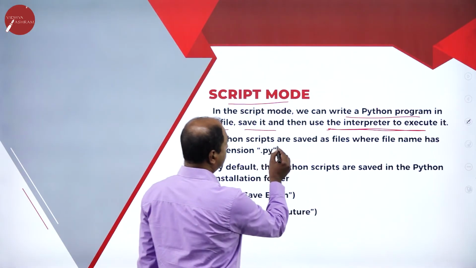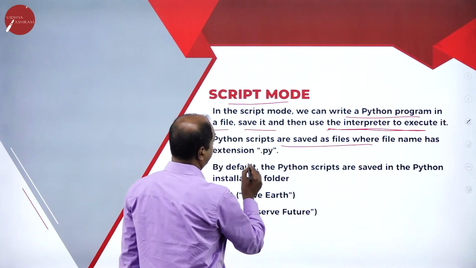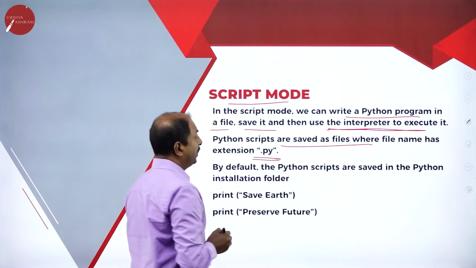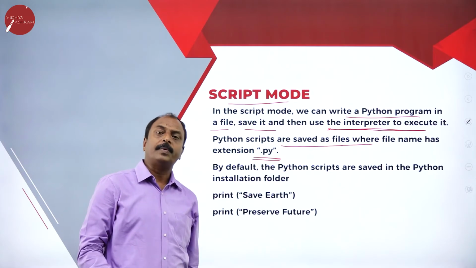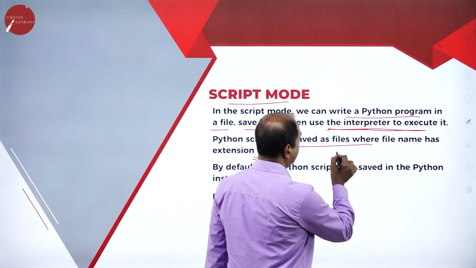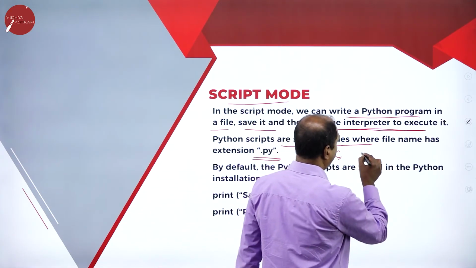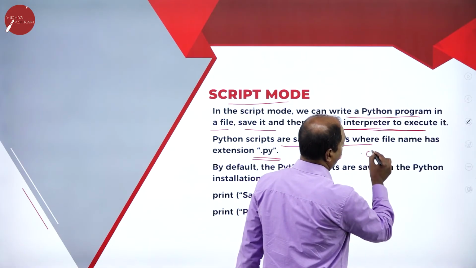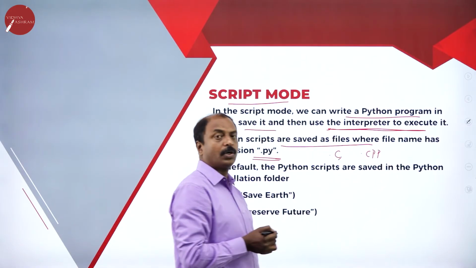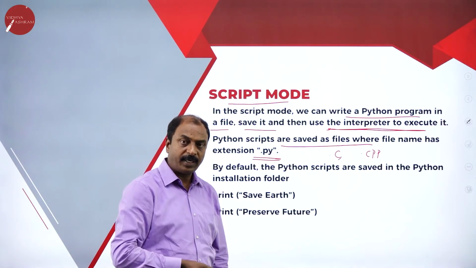The Python scripts are saved as a file where the file name has the extension .py. This is the extension name of a Python file. As you know, .c is the extension of a C file, .cpp is an extension of a C++ file, and similarly, .java is a Java file.